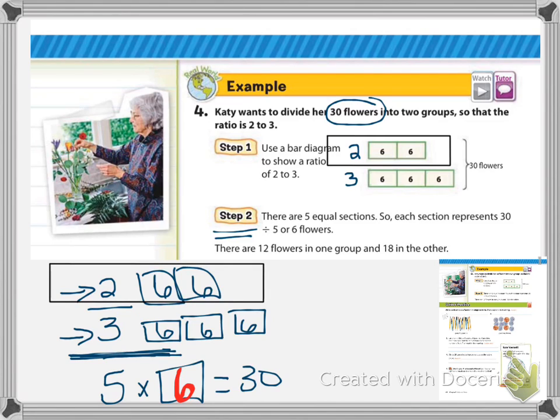And then if you look at the bottom, she's got 16. When I do 6 plus 6 plus 6, I said 16, I meant 18. 6 plus 6 plus 6 will give me 18. So she's got 12 on the top and 18 on the bottom. And then this is where they went ahead and wrote the explanation for that one there.